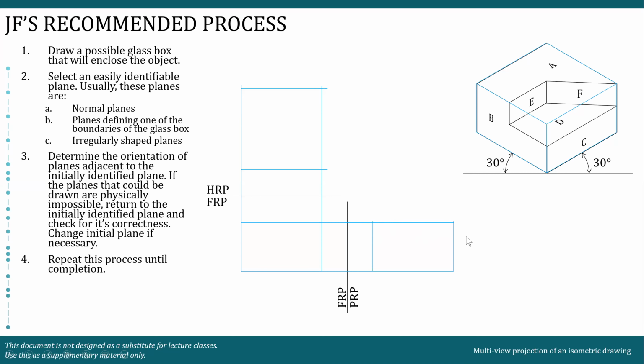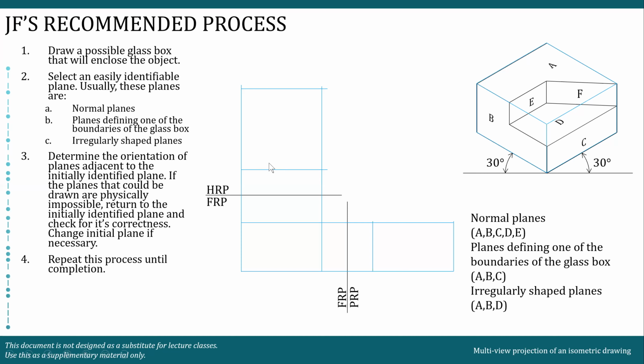So, you already have your glass box in your isometric drawing and you have already transferred your glass box to your multi-view projection. Let's start. Select an easily identifiable plane and let's inspect yung mga planes natin.